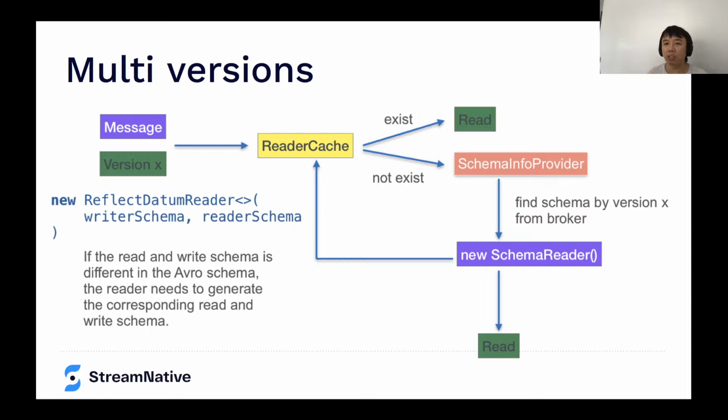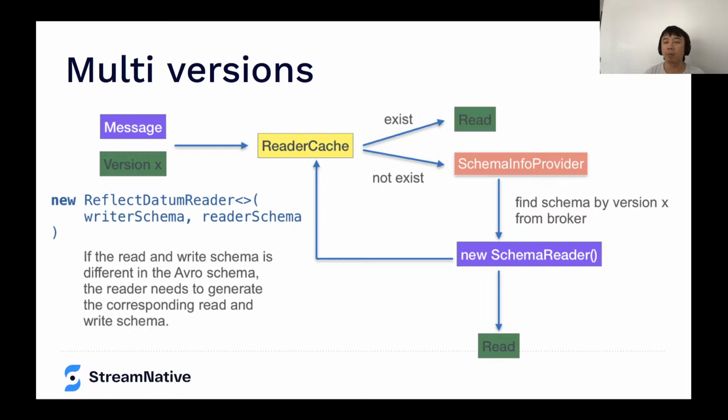And this is important if you are using the always compatible strategy, because that means you might end up with different schemas for different types of messages. Maintaining this reader cache caches the different schema information on your reader side, so you don't need to go back to the broker to ask for the information.